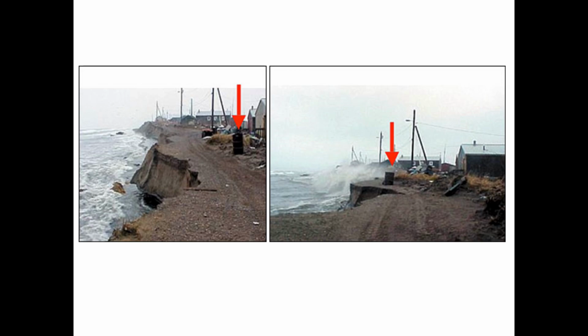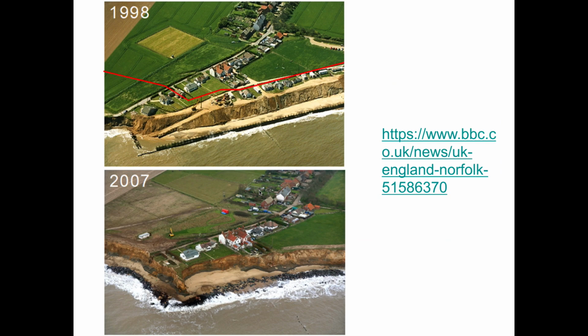This is Holderness, which some of you will be familiar with. Here it is. You can see the amount of erosion that's taken place. Here you've got, so if you can get your eye in, see that property? That's that property. So you can see just how much has been lost in that time period.